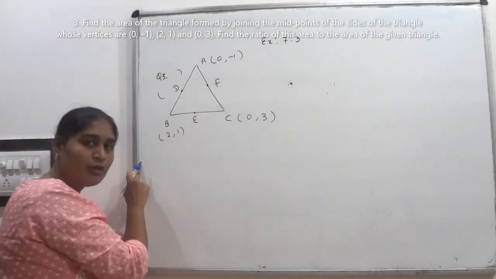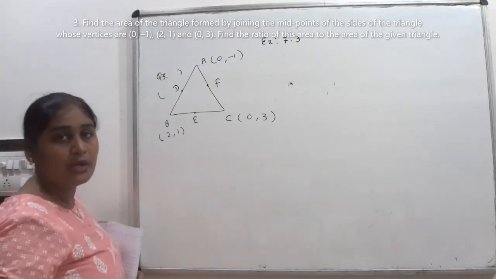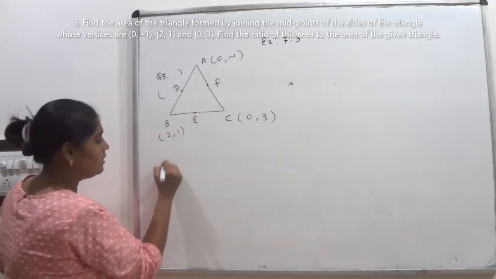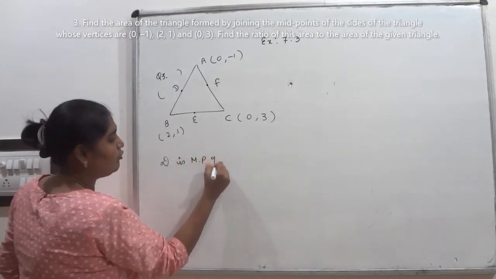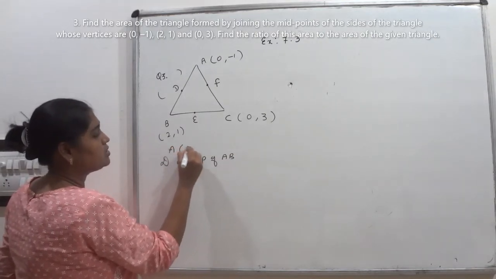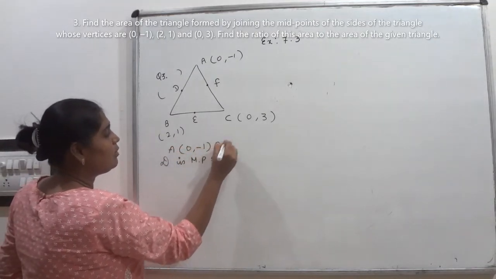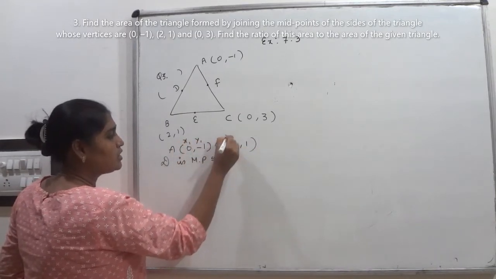You know the midpoint formula, that is (x1 plus x2) upon 2, (y1 plus y2) upon 2. So write it here, D is the midpoint of AB. First the A coordinate, that is (0, -1), B coordinate, that is (2, 1). Mark it x1, y1, x2, y2.